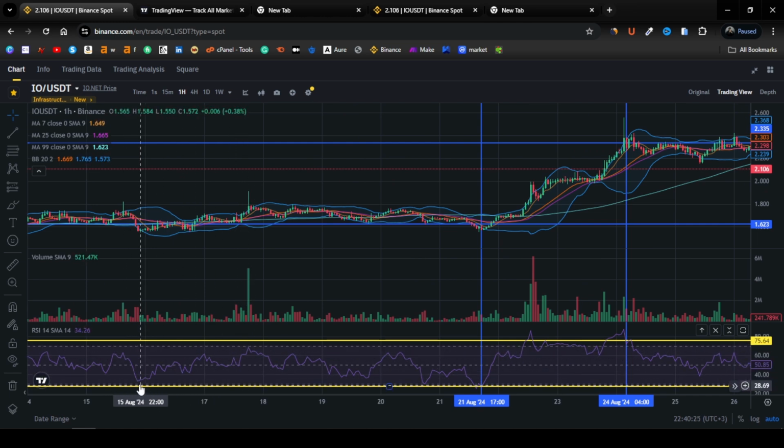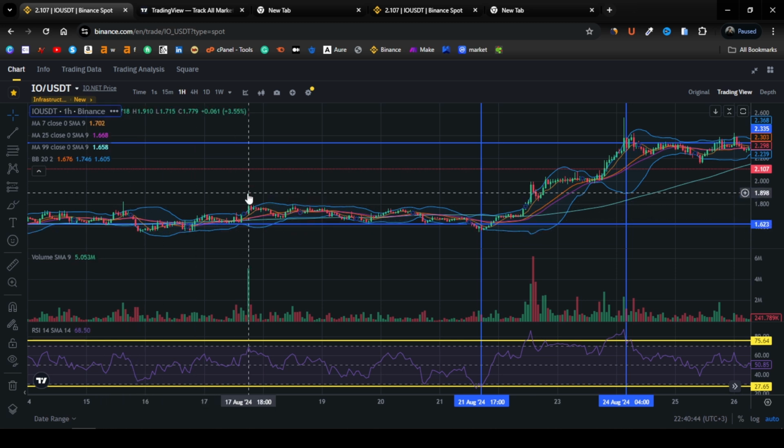You can see at this point, it's around 34, not exactly what you're looking for. We're looking at 30 and below, but even this one can be a very good example. So if I took a trade here, at this position, and I sold at this point, I could still have made some profits.